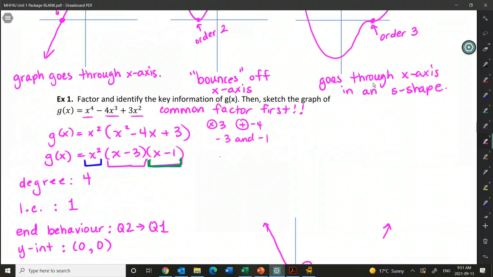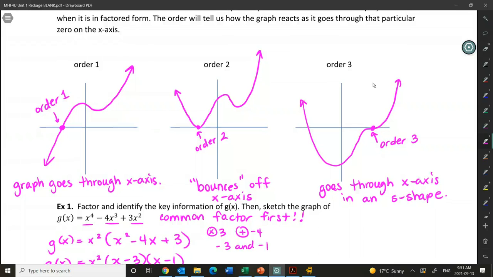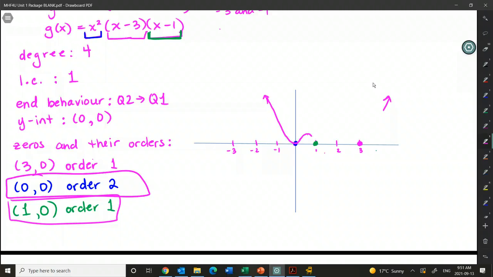So based on what we talked about above, my graph is just going to go straight through to the other side of the x-axis here. Okay? So order 2 bounces, order 1 straight through to the other side.